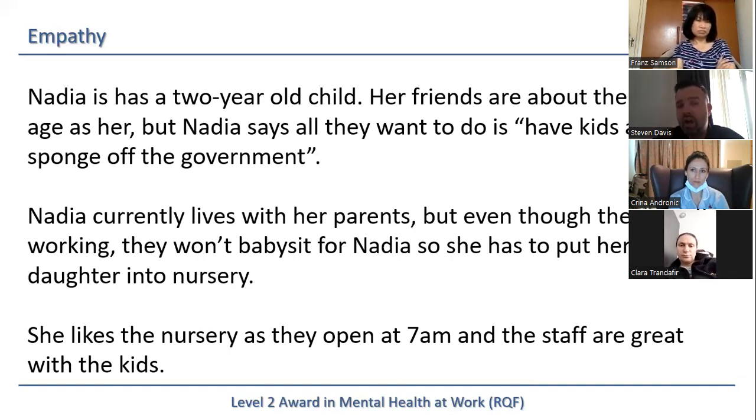Looking at her story around sponging off the government gives you an idea about her values and her belief system. So you can say to her, look, it's admirable to say that you don't sponge off the government. Have you sat down and spoken to somebody about your benefits?